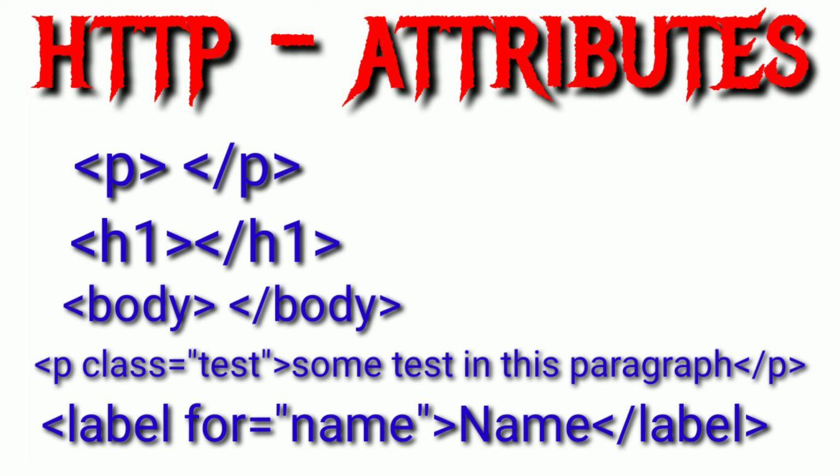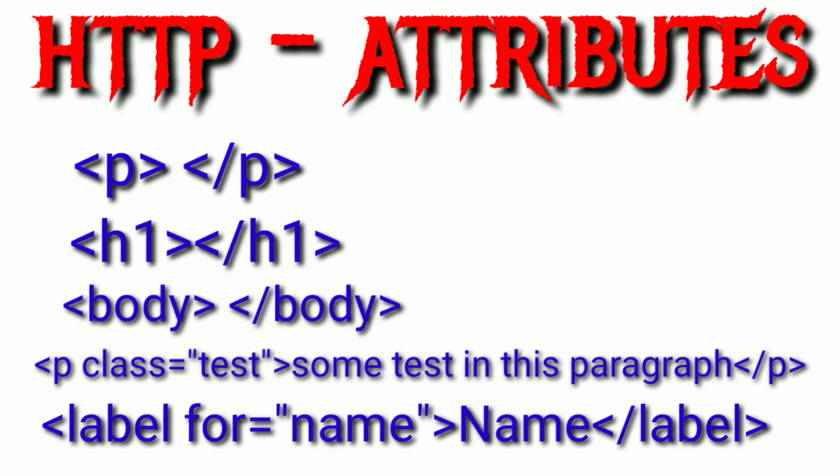Also remember, attributes provide additional information about the content of an element. Attributes are made of two parts: one is the name, another is the value. They are separated by an equal sign.